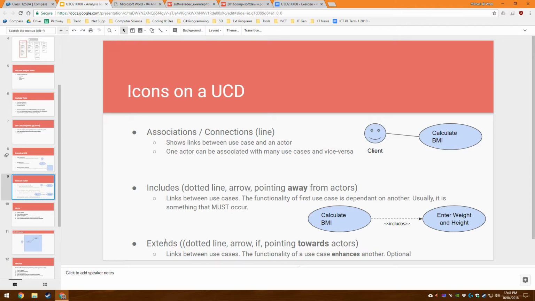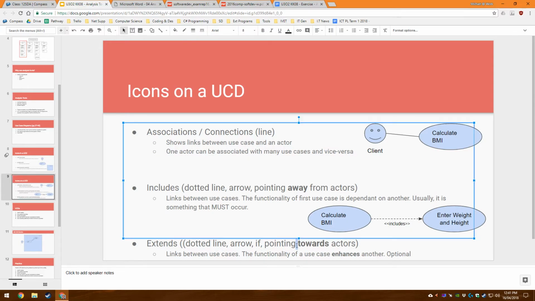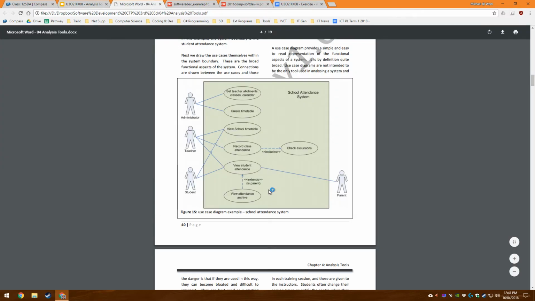The opposite way is extends, and this is where the dotted arrow will actually point towards the actor, so to sort of go back the other way. I think there's an example here. Yes, so parent, this one here, view attendance archive is an extension of viewing student attendance.